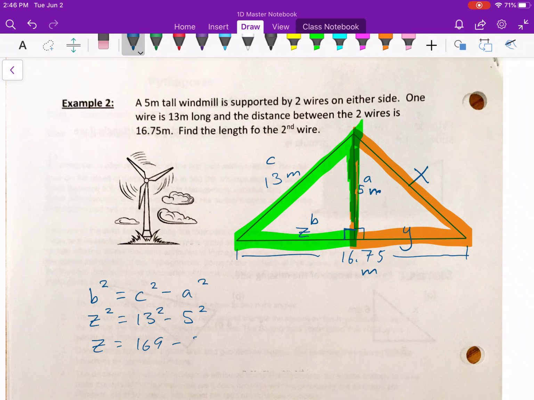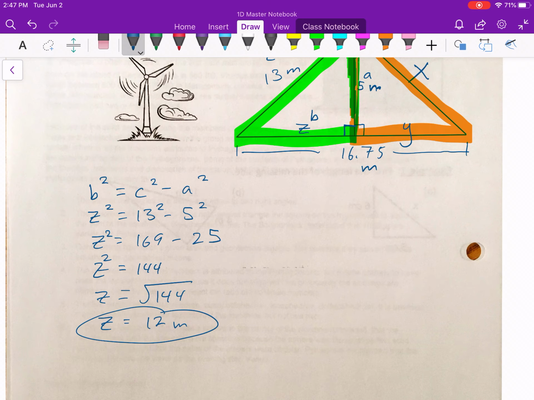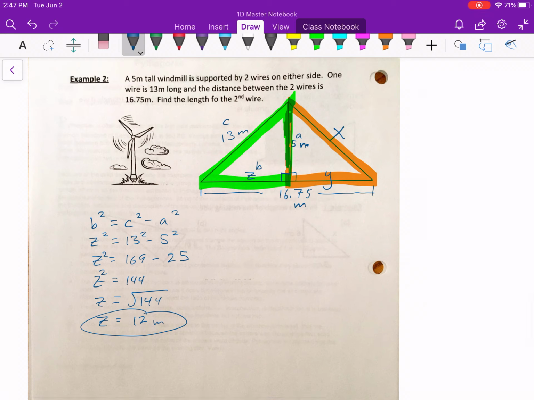That's 169 minus 25 when I square them. And that gives me 144. And when I take the square root of each side of the equation, I get z is equal to 12. Okay? That's good.